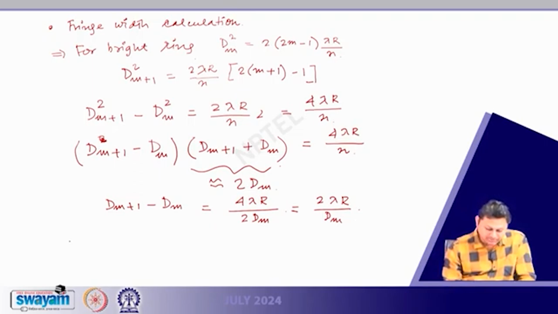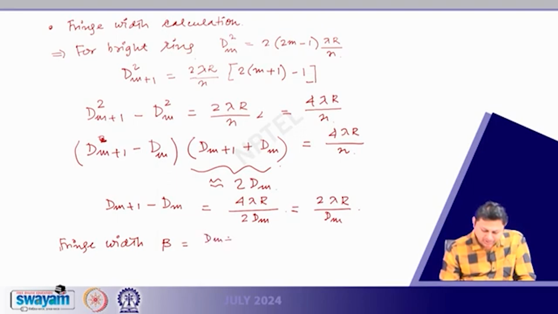So, the fringe width, an interesting quantity, fringe width beta, which one can define as dm plus 1 minus dm divided by 2, because we are dealing with diameter, is simply lambda r whole divided by n dm.